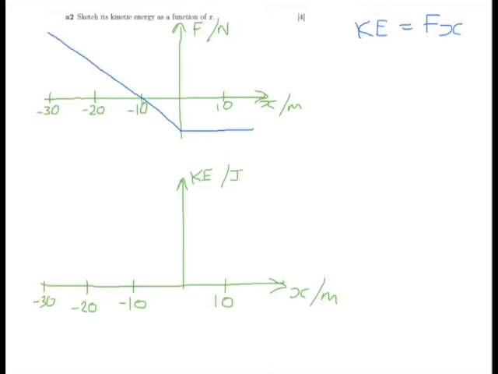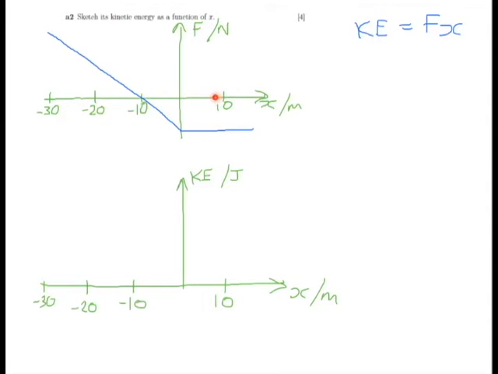So the kinetic energy equals the force times the distance moved in the direction of the force. Now, interestingly here, we have a graph of F against x. So we're interested in the area underneath this graph. So let's think about these first 10 meters here, as everything's working in reverse in this question. So the object is moving from here along this axis.